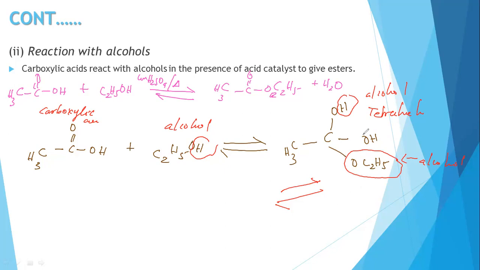Again I said, it is able to lose the hydrogen here and the OH here. This hydrogen and this OH will be removed. Now you will end up with the answer, which is now CH3.